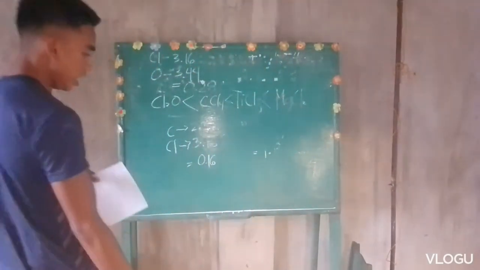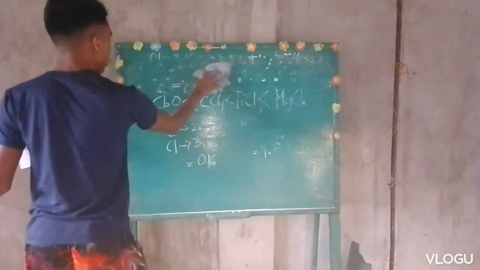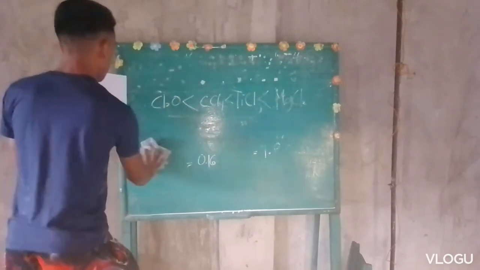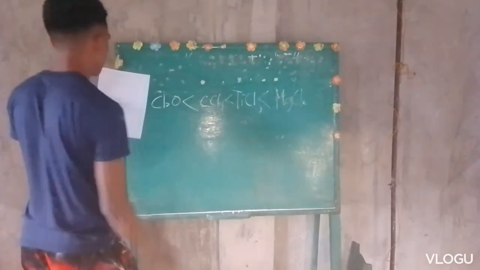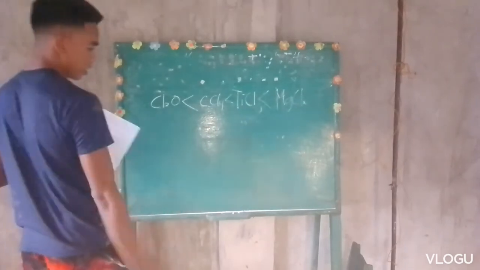So this is the ordered bonds of the following compounds according to their increasing ionic character. So that's all. So this is our discussion of the lesson 2 learning activity.